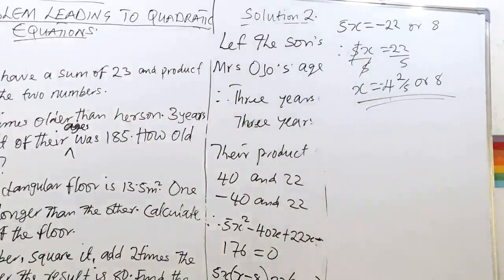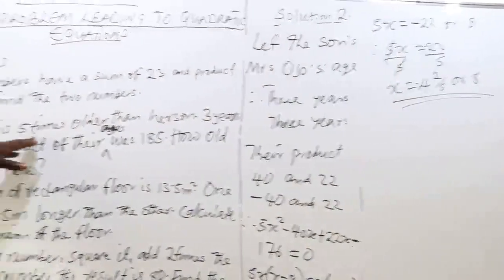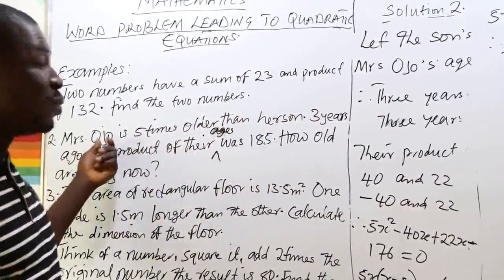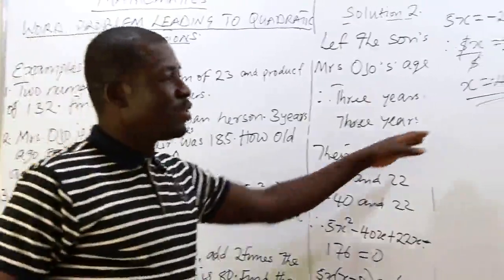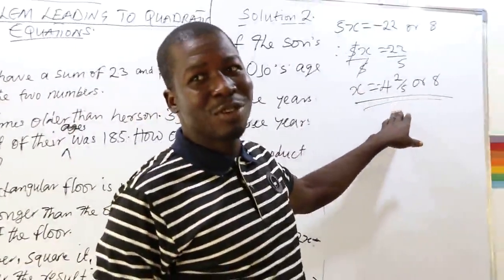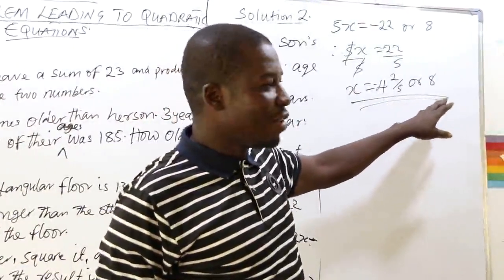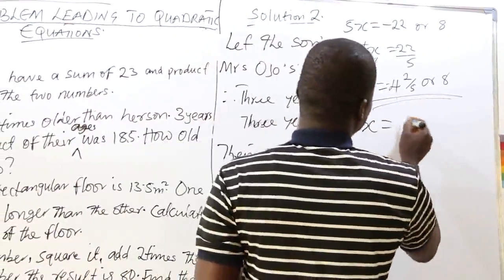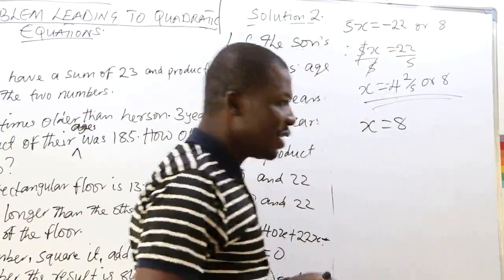But what we are trying to find here is the age of the son and that of Mrs. Ojo. And age will not be negative, so we are going to use the positive value. Then our x is 8, so we use 8.